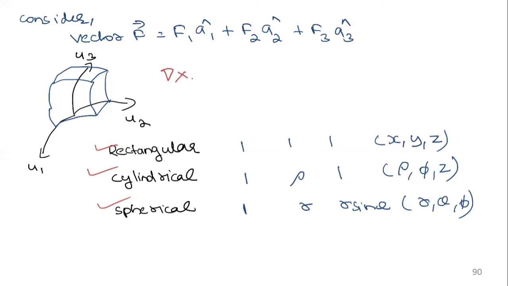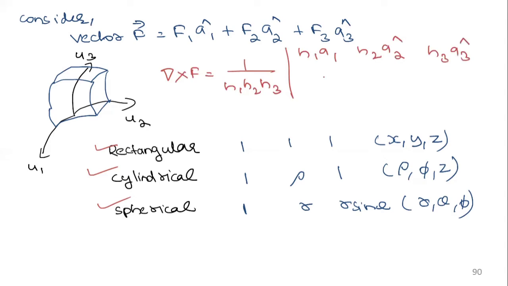So what we finally get in terms of curvilinear coordinates is 1 by h1 h2 h3 into the determinant with rows h1 a1, h2 a2, h3 a3, then dou by dou u1, dou by dou u2, dou by dou u3, then F1 h1, F2 h2 and F3 h3.